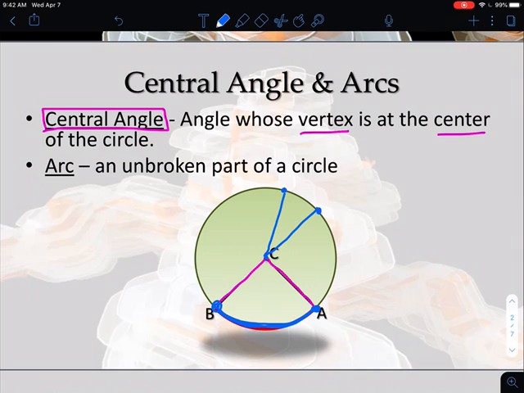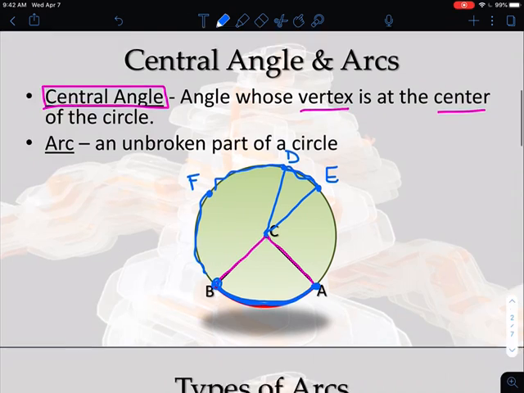And that can happen anytime we have points on a circle. So I have an arc from A to B, or if I label these points up here, call them D and E, I have an arc from D to E, or I could have just a random point out on the circle, call it point F, and I have an arc between F and B, or an arc between F and D. So as long as I can connect 2 points on a circle, I'm going to be creating an arc.